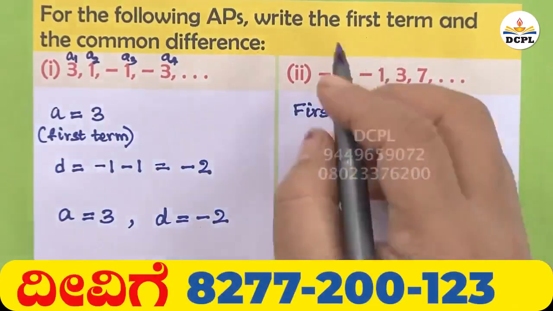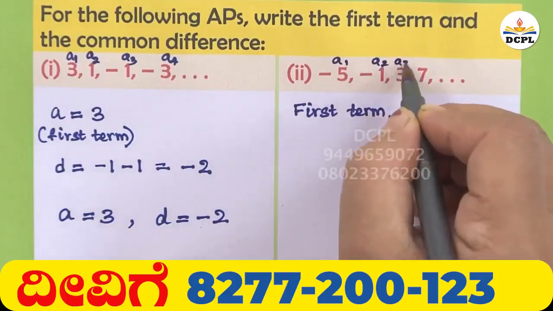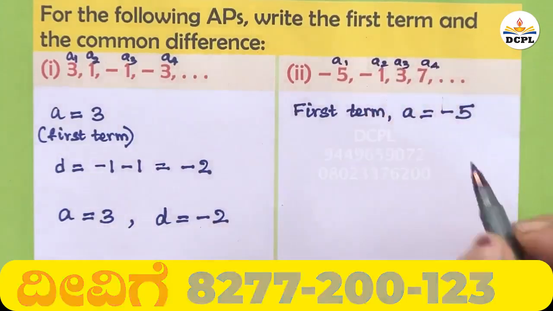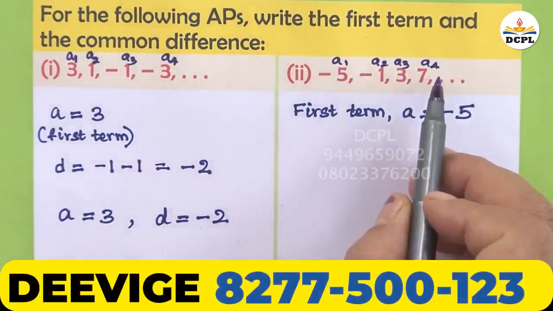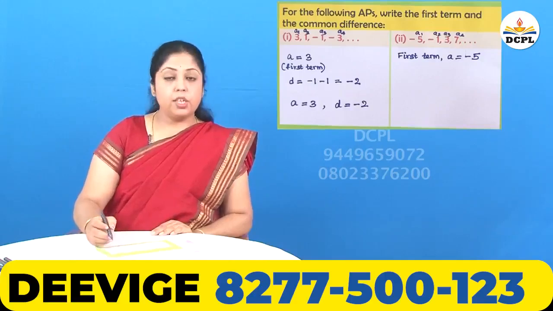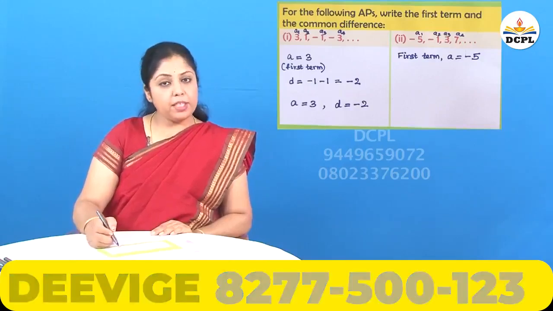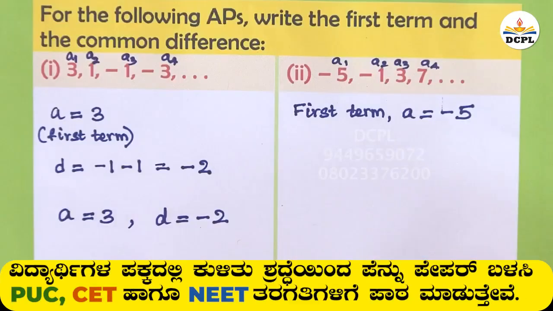As usual, we write the terms as A1, A2, A3, A4. Dear children, if you remember, A1, A2, A3, A4 represent the terms of this arithmetic progression. How do you get the common difference? By subtracting the previous term from the succeeding term.